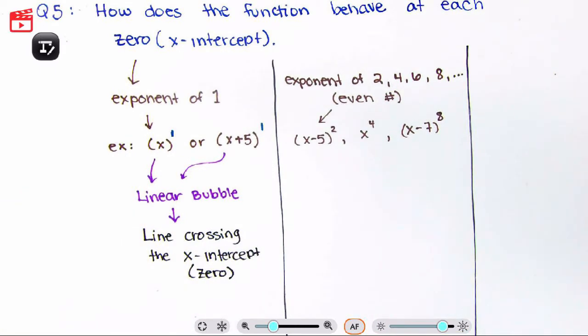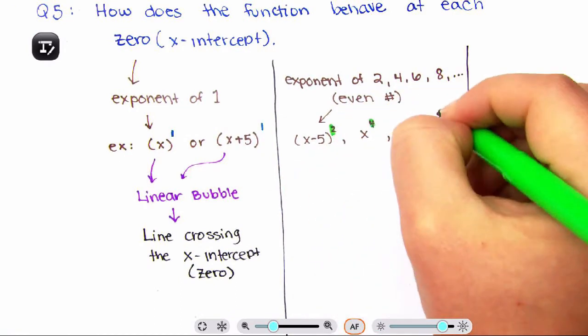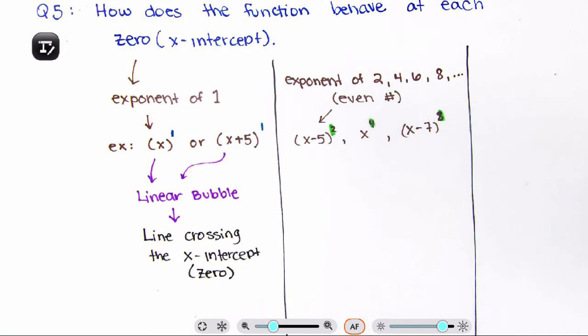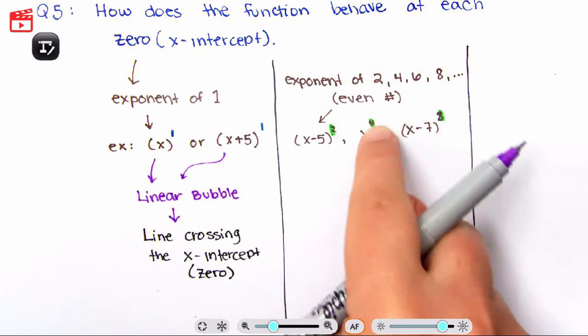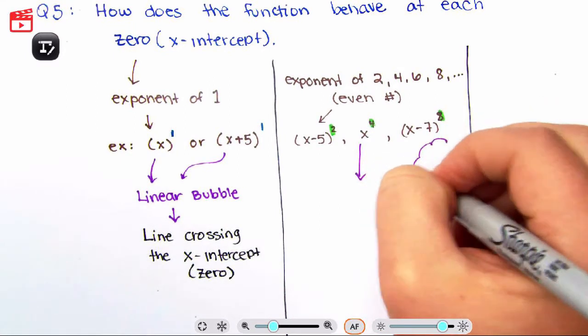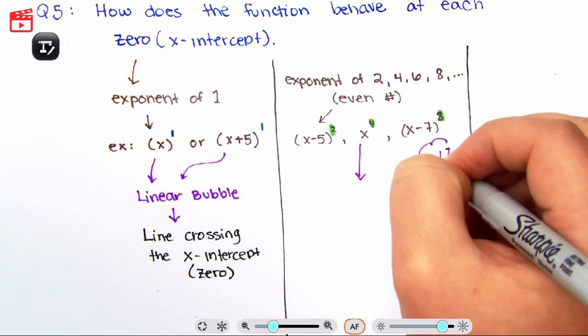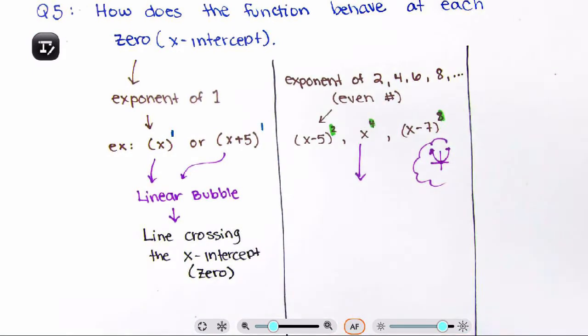Doesn't matter, the exponent is even. Whenever you have an even exponent, when you graph an even one like x to the 4th power, here's the thinking bubble, it comes from the parent function of a parabola.